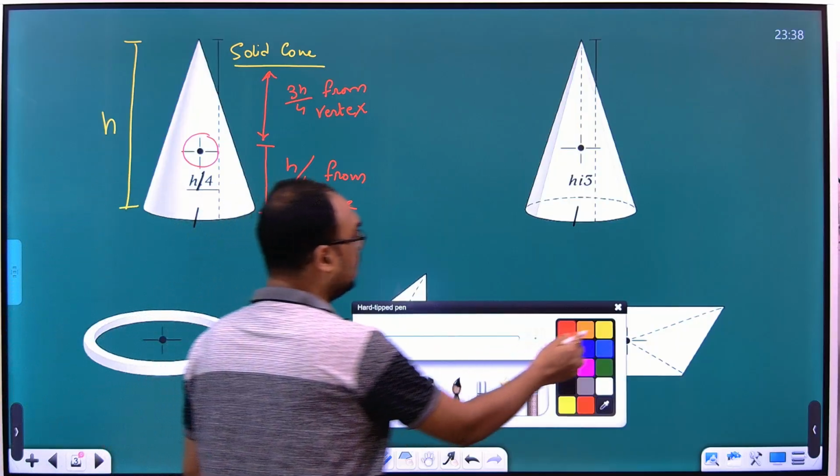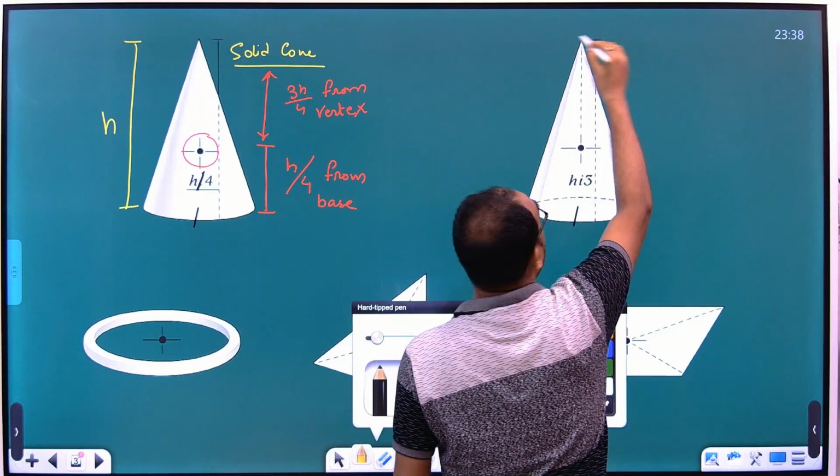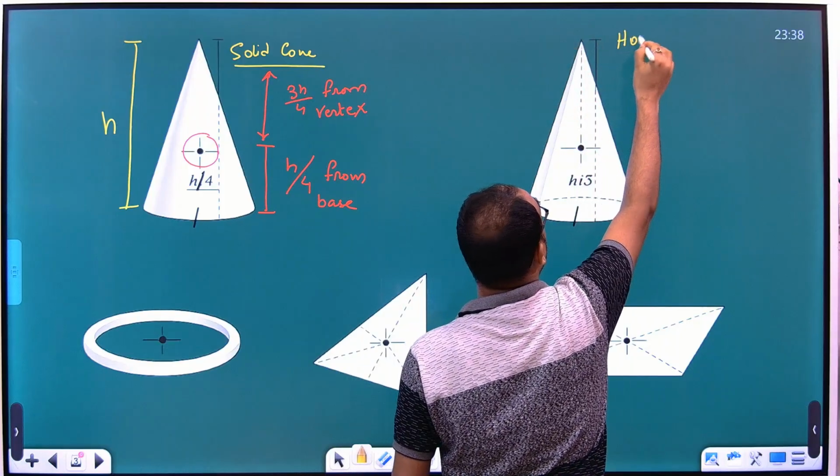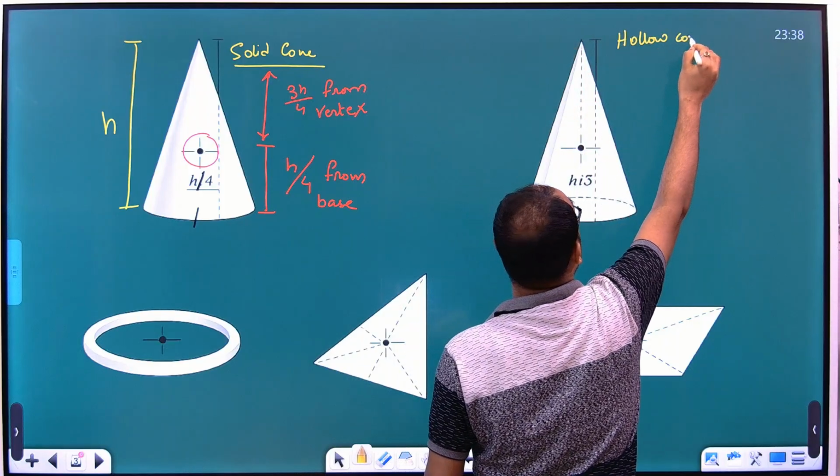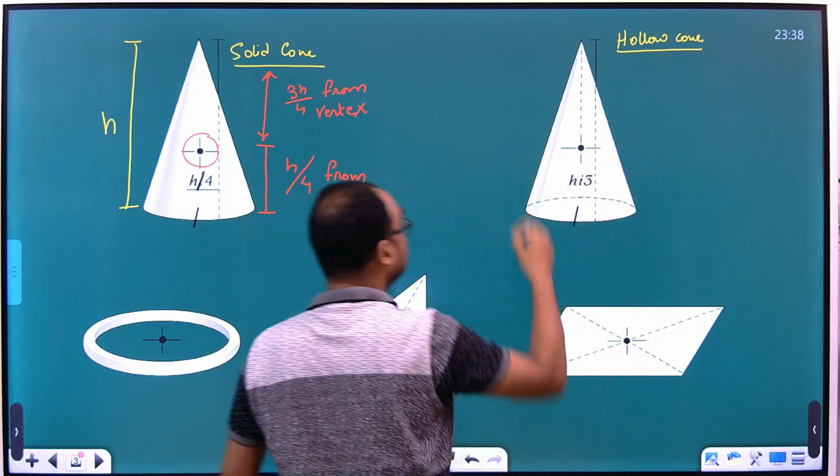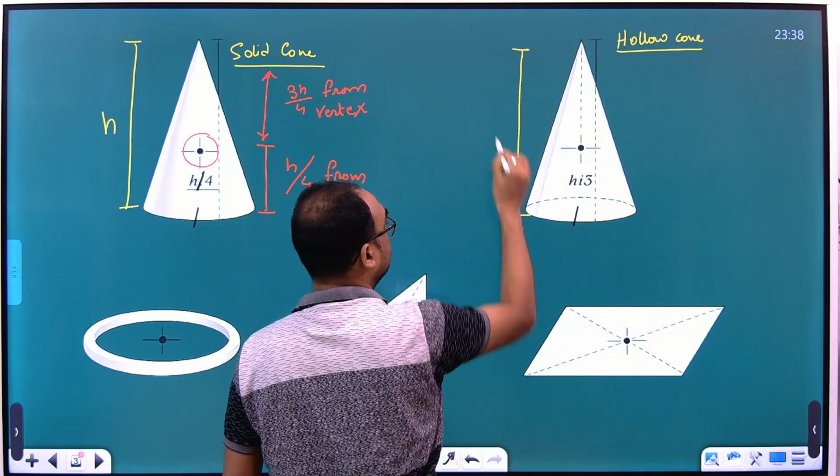Now let's go to a hollow cone. Again, let's consider the total height to be h.